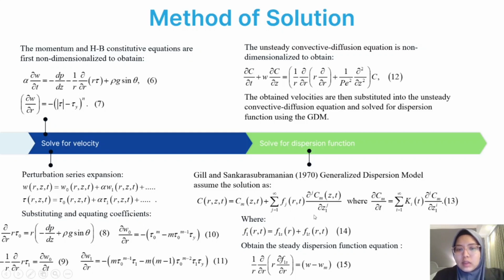From equation 13, we can obtain F1, the dispersion function, which contains the steady dispersion function and the unsteady dispersion function. And from equation 14 here, we can obtain the steady dispersion function equation as in equation 15 here, and then solve for the steady dispersion function using the integration method.